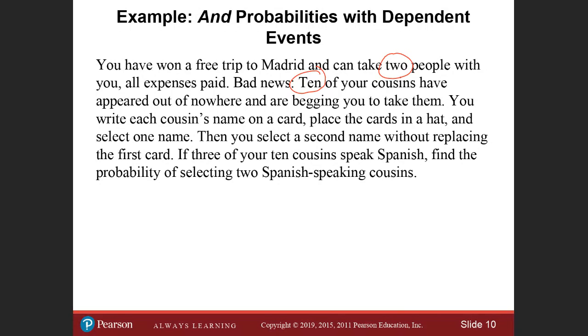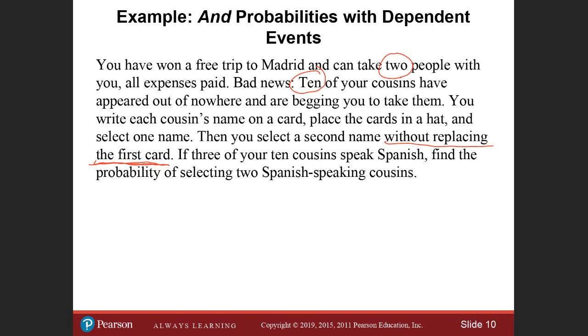Then you select a second name without replacing the first. So here's the keyword, without replacing the first card. So you have to subtract one from the total of the first selection. If three of your 10 cousins speak Spanish, find the probability of selecting two Spanish-speaking cousins.